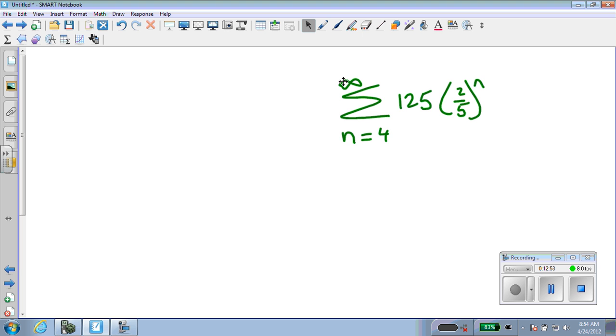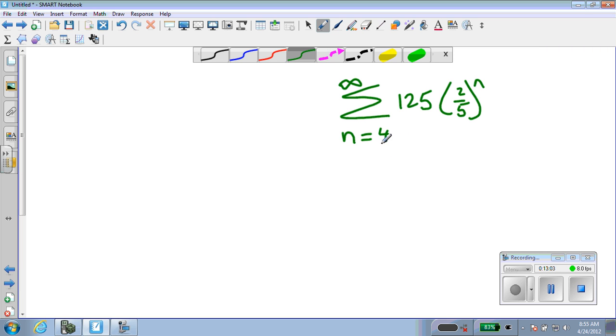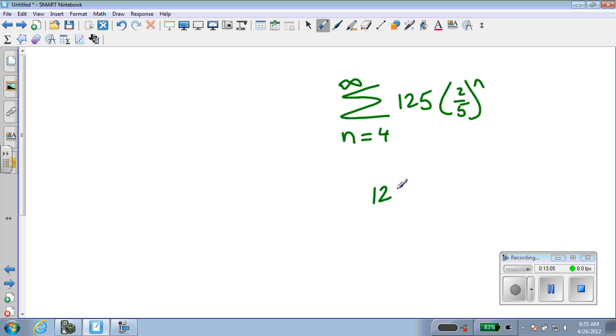Okay, let's try this again. It's an infinite series. It is a geometric sequence. The ratio is less than 1. So the first term is going to be found by plugging in a 4. So 125 times, let's see, 2, 4, 8, 16 over 5, 25, 125, 625. That's going to cancel and make 5.